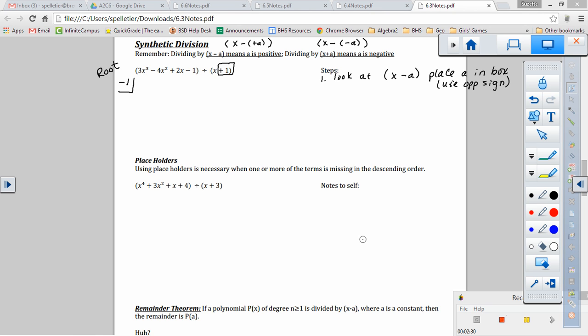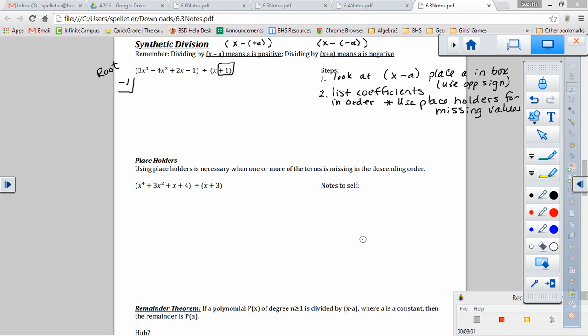Then what you do is you list all of your coefficients in order. The big thing here is to use placeholders for missing values.